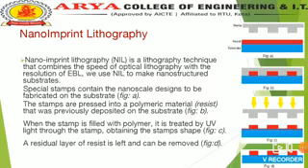And in figure C, when the stamp is filled with polymer, it is treated by ultraviolet light through the stamp, obtaining the stamp shape. And finally, in figure D, a residual layer of resist is left and can be removed.